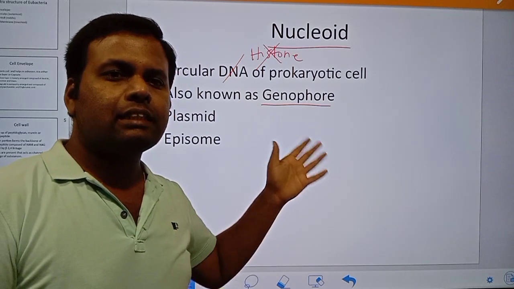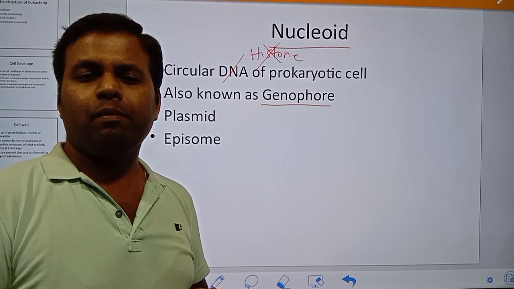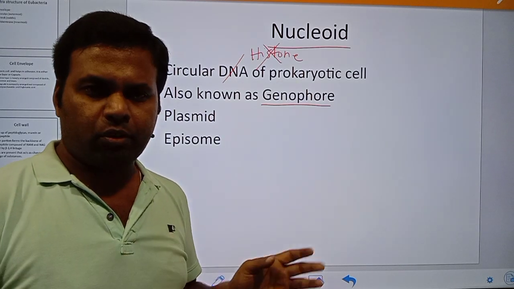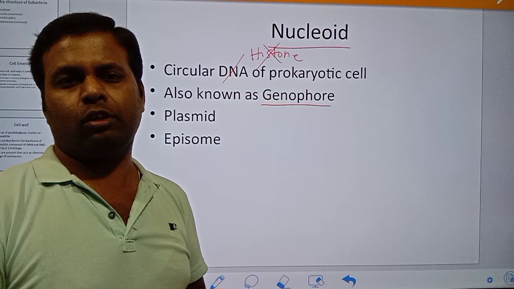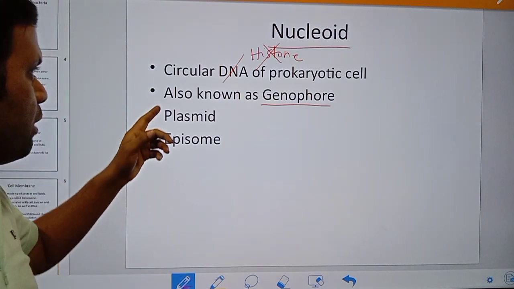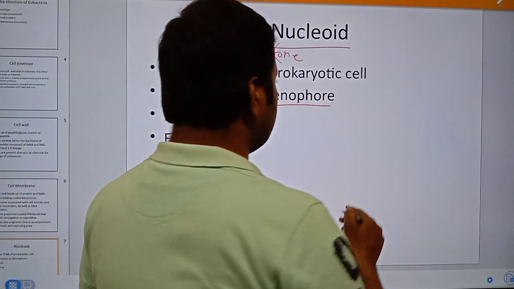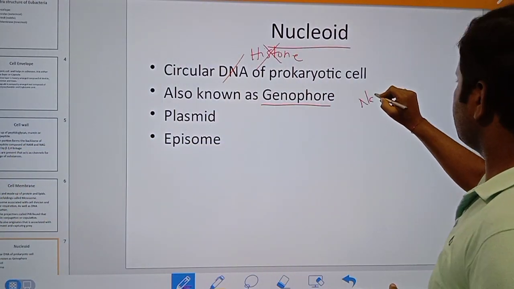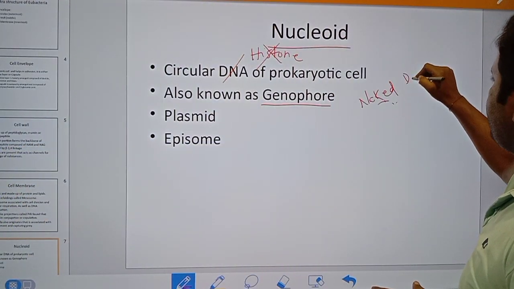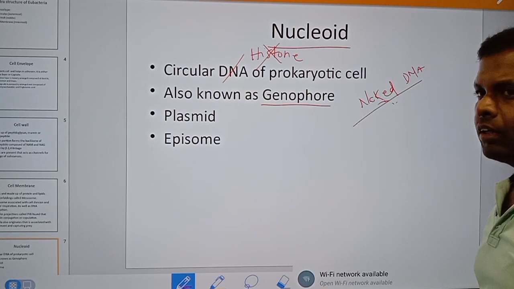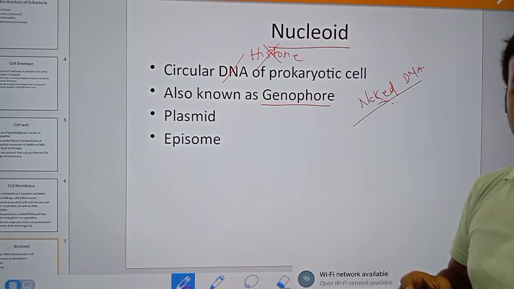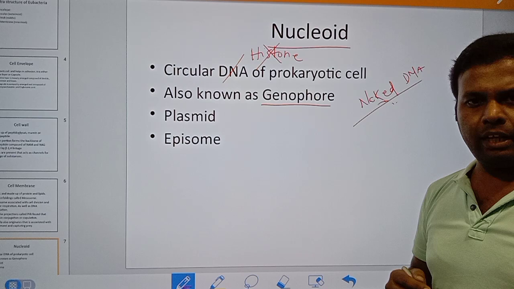But in prokaryotic DNA, no such histone proteins are present. That's why this type of DNA, which lacks histone proteins, is also known as naked DNA.